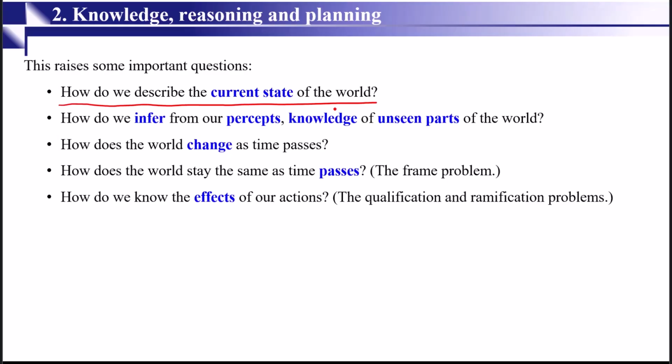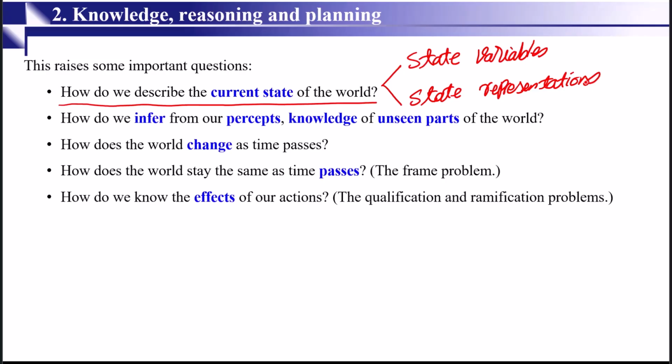In AI, the world state can be described through state variables as well as state representation. These are a set of variables that capture key information about the environment at any given time.